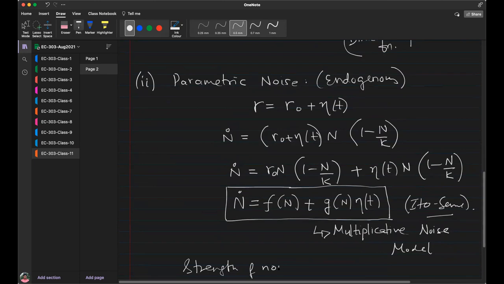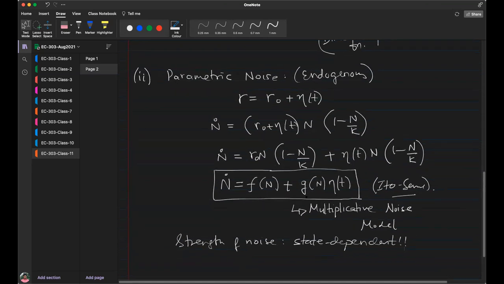Strength of noise is state dependent. So this is an alternative way of adding noise.